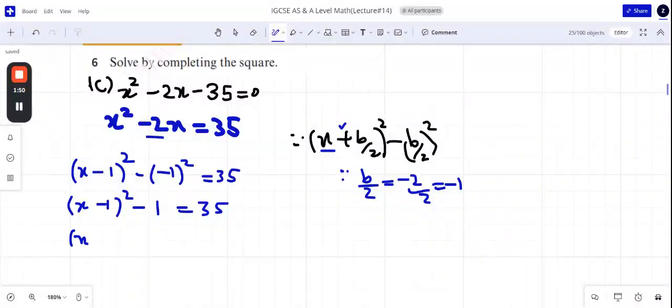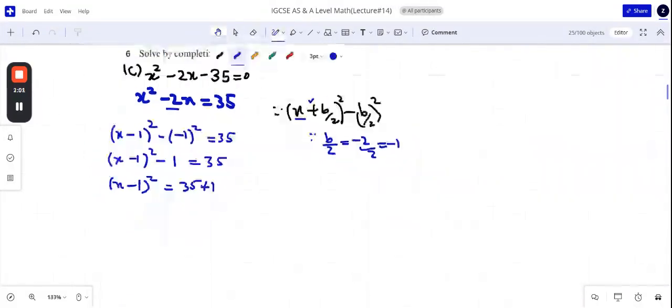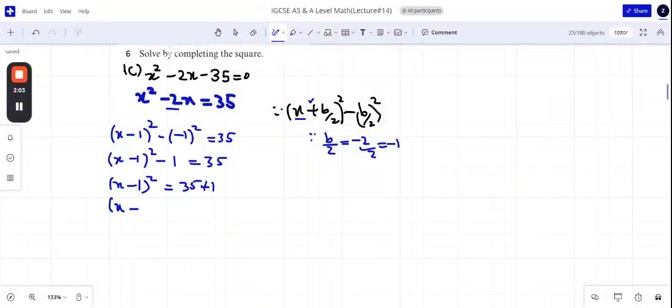After that we will shift the constant value on the other side, it becomes 35 plus 1. So now we will add together the constant values. X minus 1 whole square equals to 36.